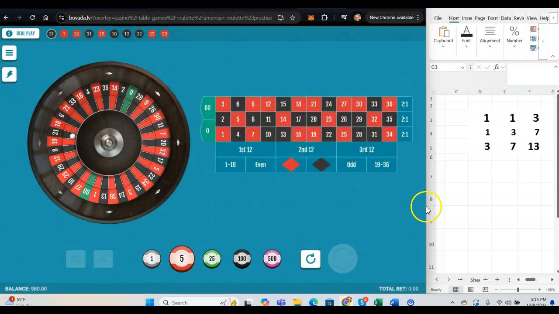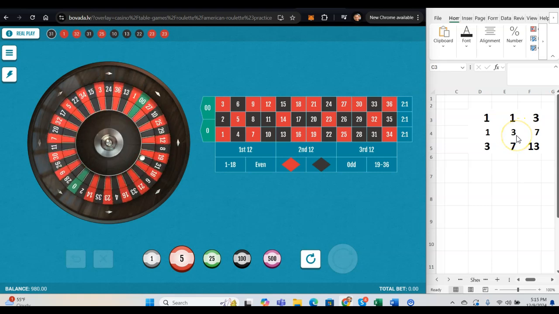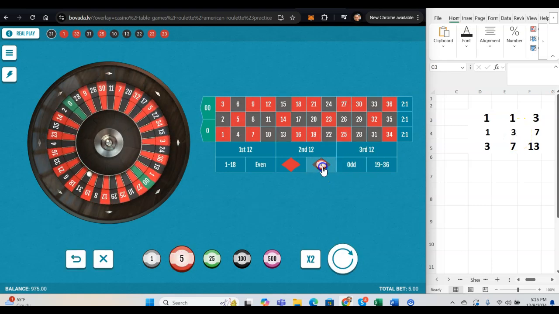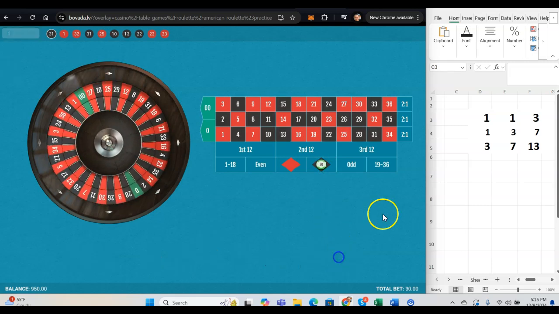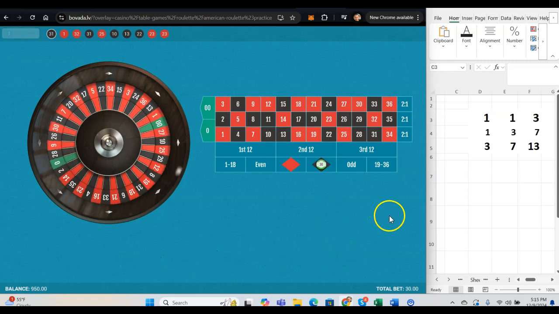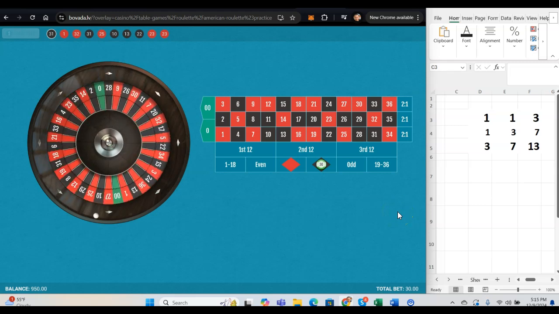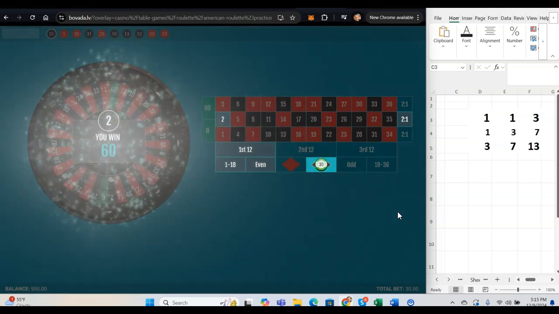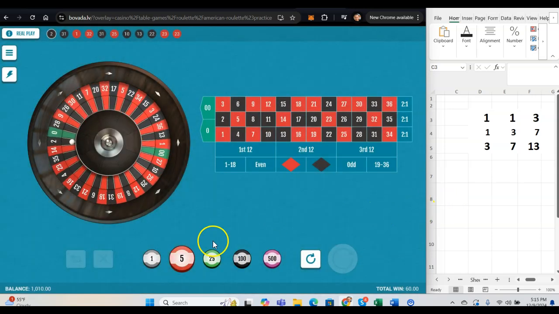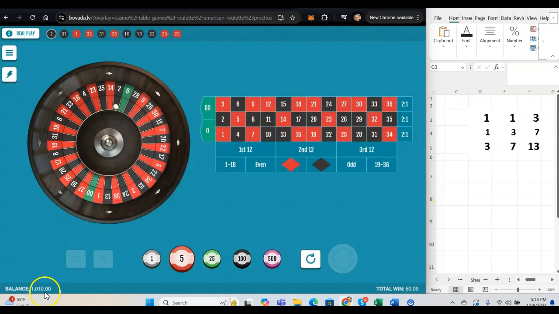And we lost. So we're still on stage 2, bet number 2, which is 3 units. Win. But where are we at? Okay, we're back up 1 unit.